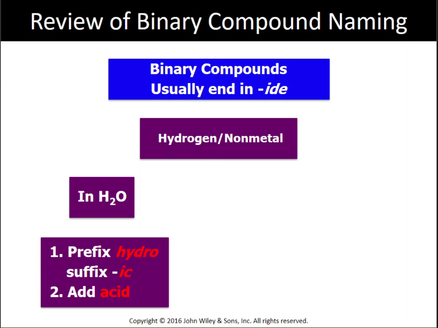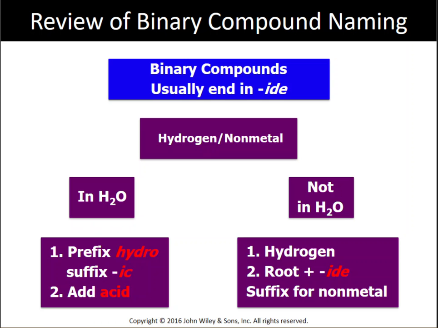So you start the name with the prefix hydro, you add the suffix -ic, followed by the word acid. But if your binary compound that starts with hydrogen and is followed by a nonmetal is not in an aqueous form, it's not a solution, you just name it as hydrogen followed by the name of the nonmetal.